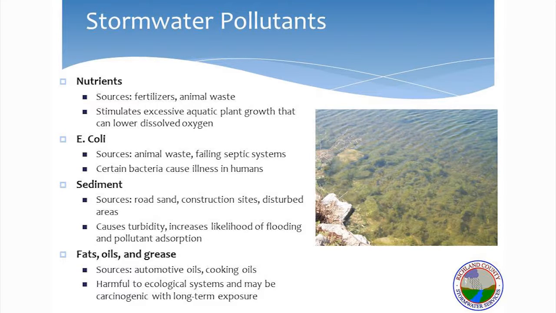Okay, sediment. Chanda already mentioned sediment, so I'm not going to talk about it too much. But yes, it is another stormwater pollutant. It causes turbidity, which can affect the amount of dissolved oxygen in water. Also, cloudy water is unsightly.